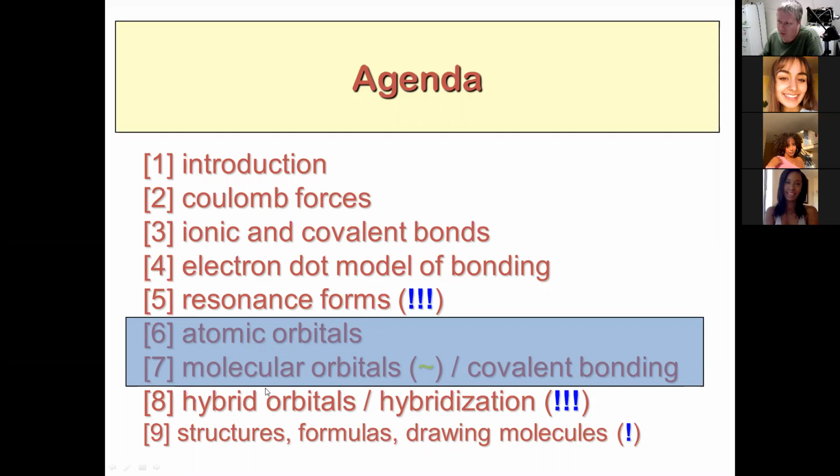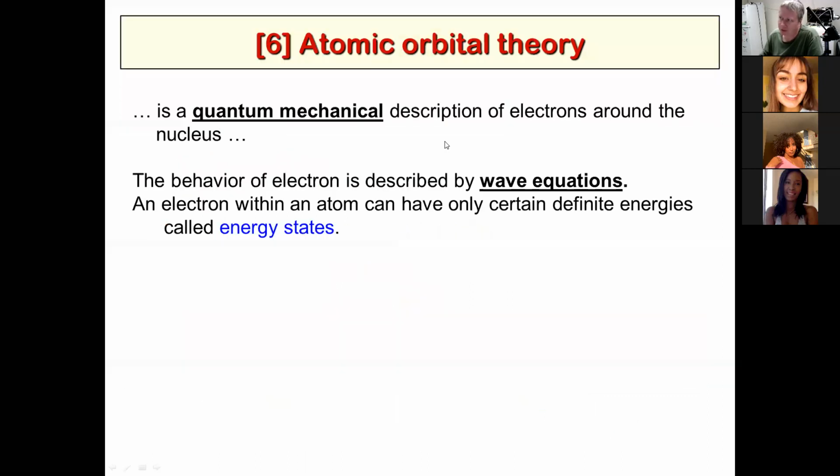But for now, we're moving on to atomic structure, atomic orbitals, molecular orbitals. Molecular orbital theory is really a crazy topic, and we're barely going to touch on it. You need to know just a little bit about hybridized orbitals, and we'll get through that, okay? So atomic orbital theory is a quantum mechanical description of electrons around a nucleus.